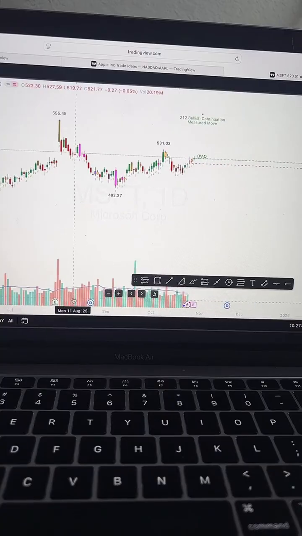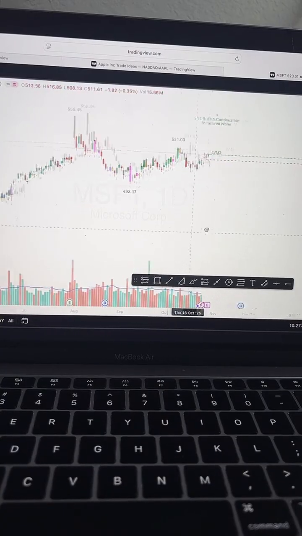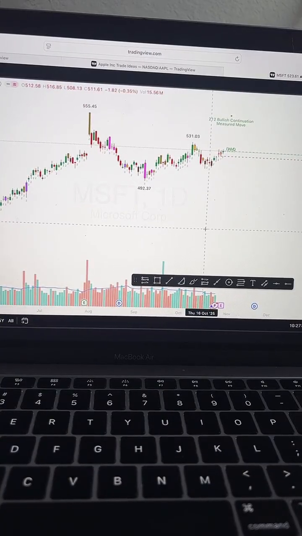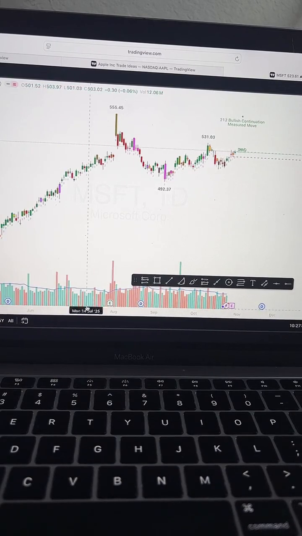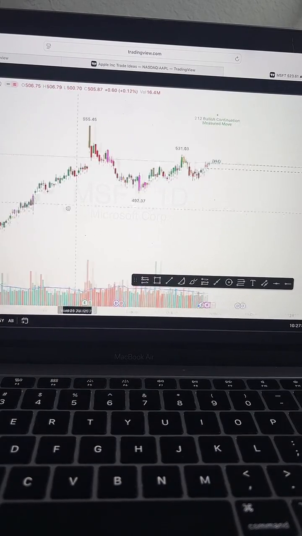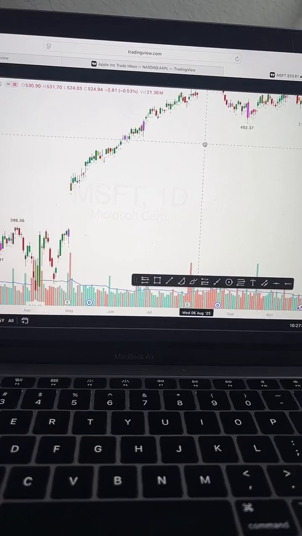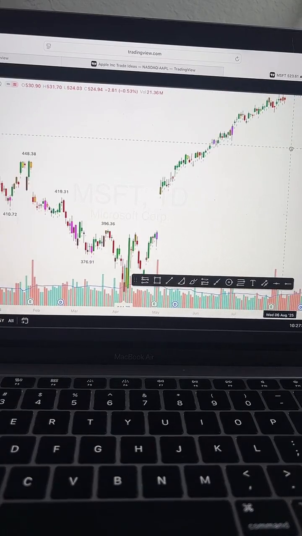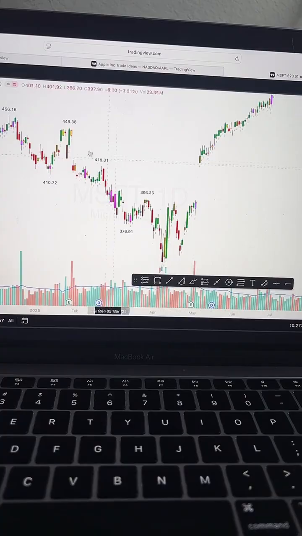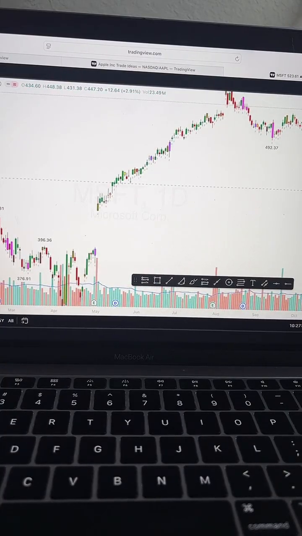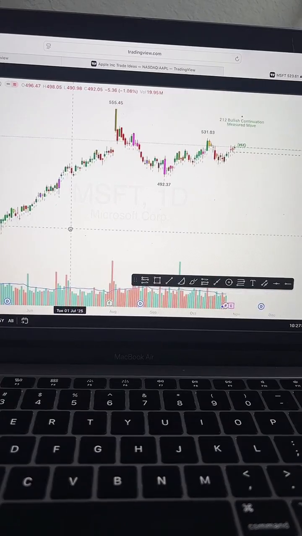I see a cup and handle pattern. This was a clear uptrend. Hold on. We were in this downtrend for a while. We broke out of this 448.